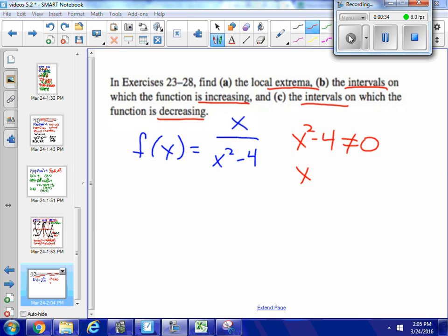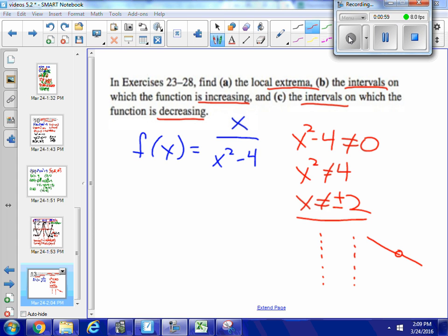I know that x squared cannot be equal to 4. So I know that x cannot be equal to plus or minus 2. Those are forbidden. Now, I know that where I have a denominator of 0, my function is either going to have a vertical asymptote or it's going to have a hole in the graph.